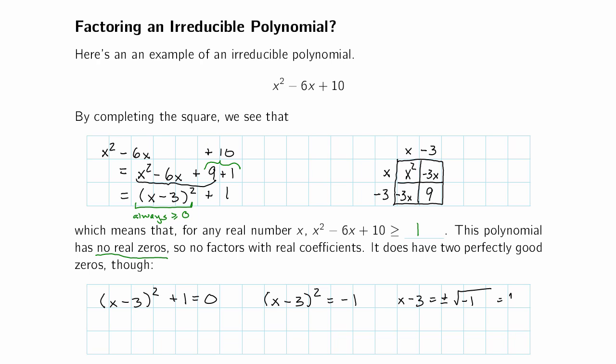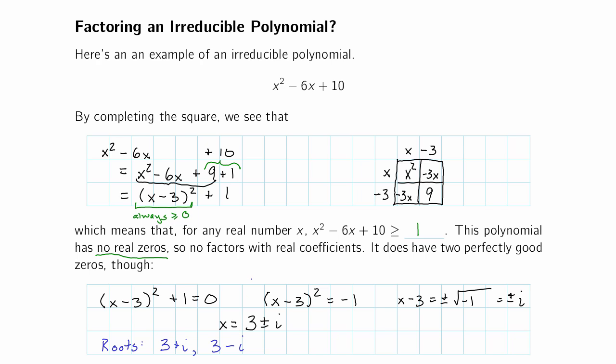That is, it has to be positive or negative i. So x is, adding 3 to both sides, 3 plus or minus i. Our two perfectly good roots are 3 plus i and 3 minus i.